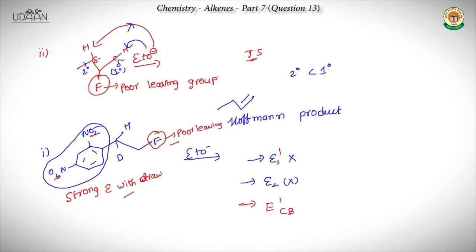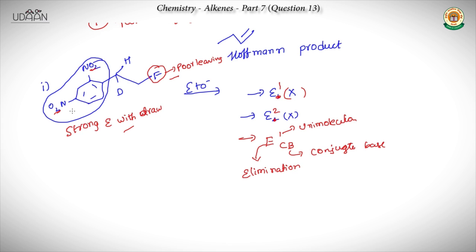Actually I should write this here. Where E stands for elimination, 1 stands for unimolecular, and CB stands for conjugate base. Now let me explain you what this is.